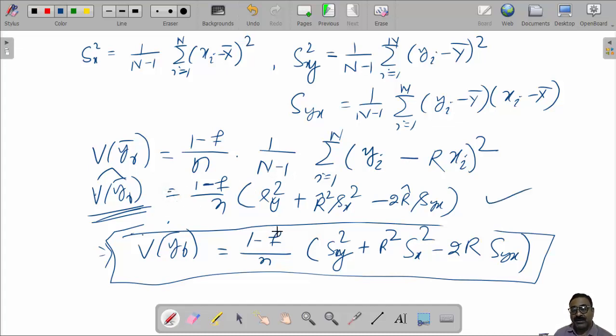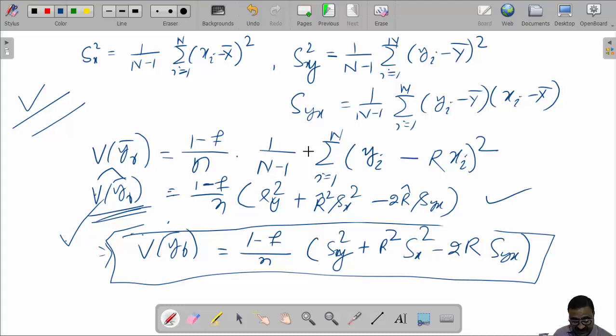Here we have discussed the ratio estimator, its bias, its approximate bias, and the variance of the ratio estimator up to the first order of approximation.